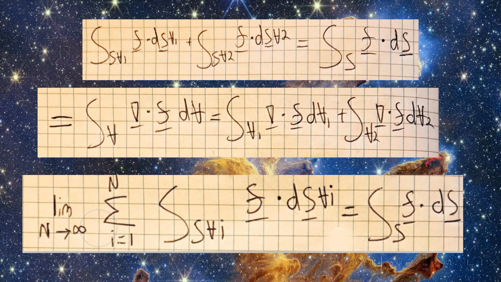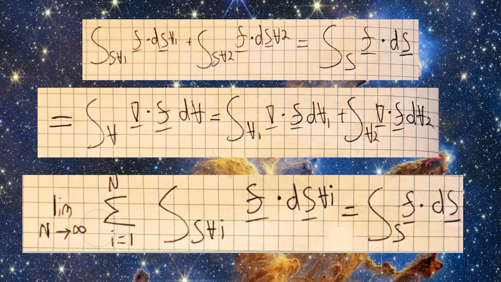So if we can do that for two cubes, then really we can do it for any number of cubes. So to extend this theorem to a more general approach, we're going to take an infinite number of cubes so that we can make any kind of shape that we want.